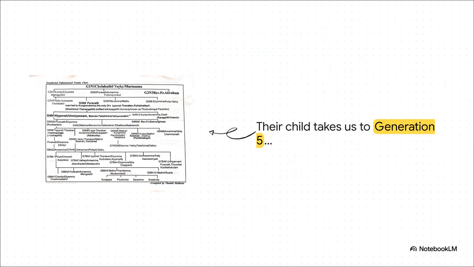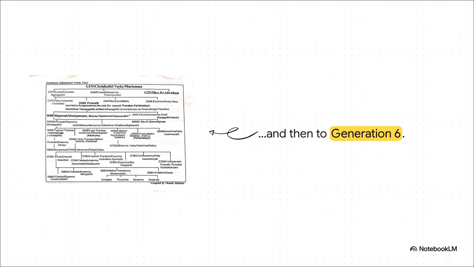Okay, so following that line down from them, we arrive at their son in Generation 5, Ipora Tharakan, and his wife Anama. Just like that, with one simple move, we've jumped forward in time. And we go one generation further, and we find their son, Varki Tharakan, in Generation 6. See? In just 3 quick steps, we followed a clear, unbroken path across 3 generations. It's that simple to follow.